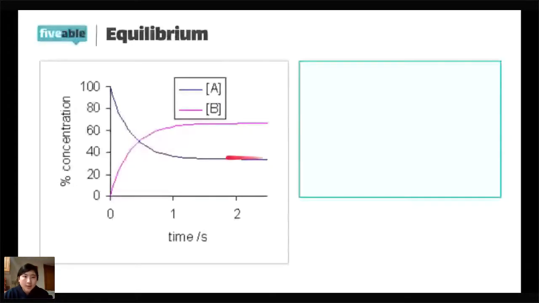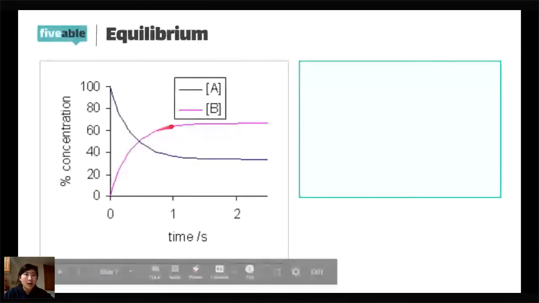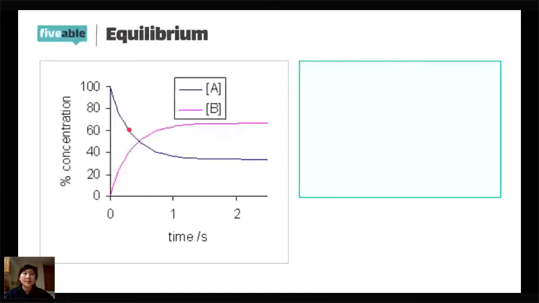And you can see that the concentrations are not equal to each other, right? So a lot of people are like, okay, we're at equilibrium, but we have different amounts of the different solutions. So how can that be equilibrium?